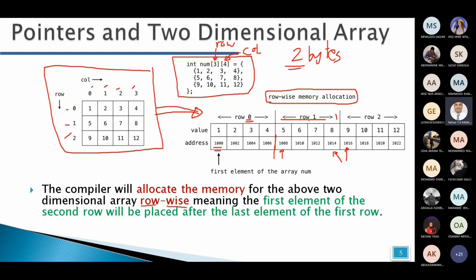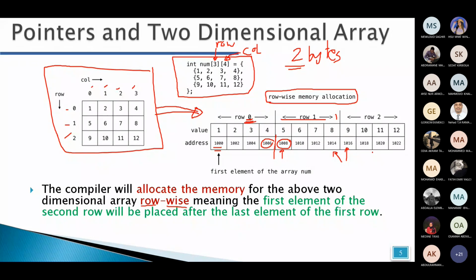Now, the first element in row 1 comes directly after the last element in row 0. So last element 1006 plus 2, so the first element in row 1 is 1008, and so on.